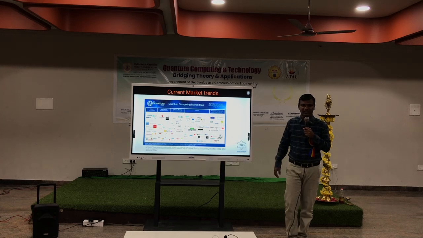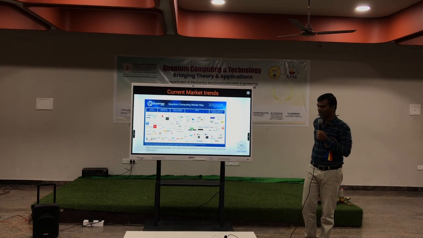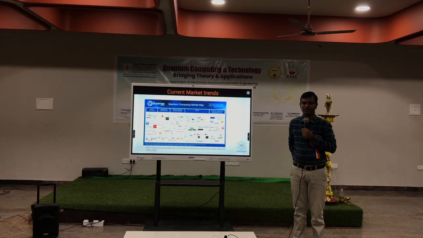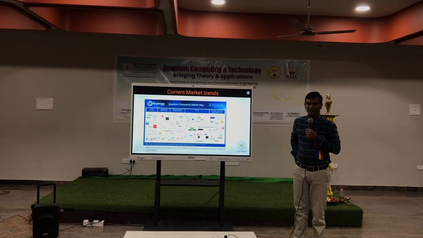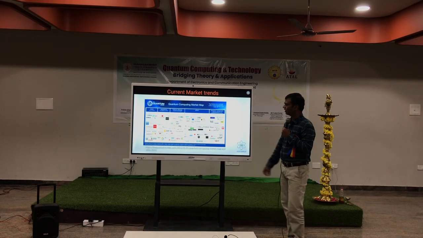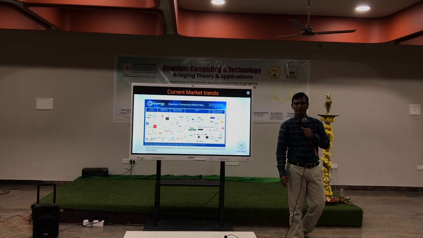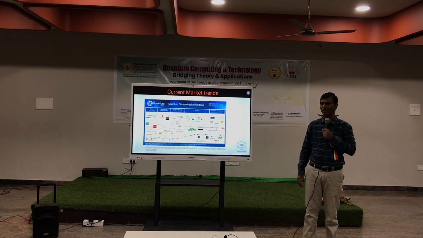And these are the market trends. There are several quantum startups which are mainly focusing on quantum computing. IBM is one of the few companies that stood as a front runner.